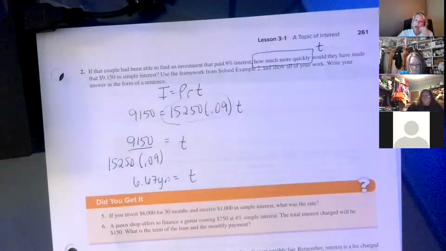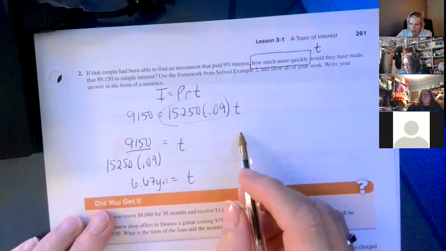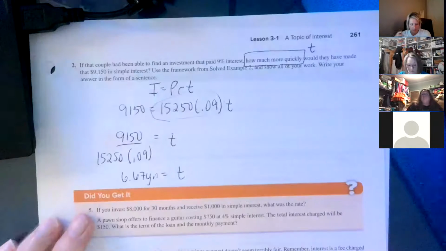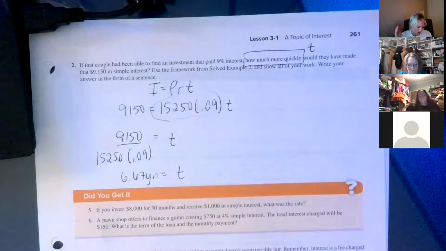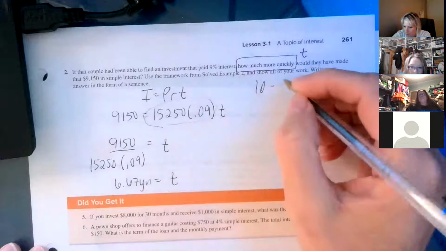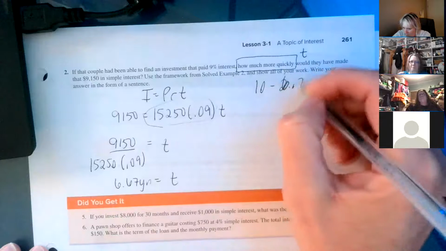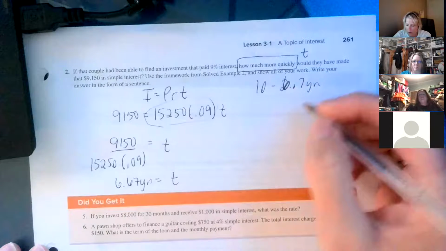But now it did ask us how much more quickly. Oh, yeah. I think they want us to compare to the time it took in problem number 1. That was 10 years. So I would say 3 years, 4 months quicker. So about 3.3.